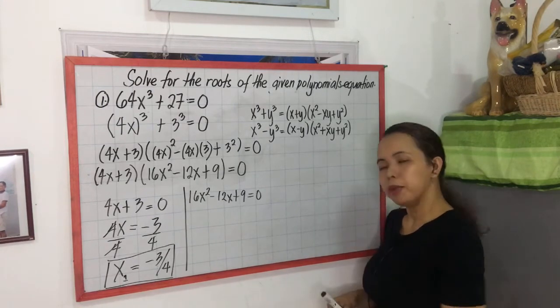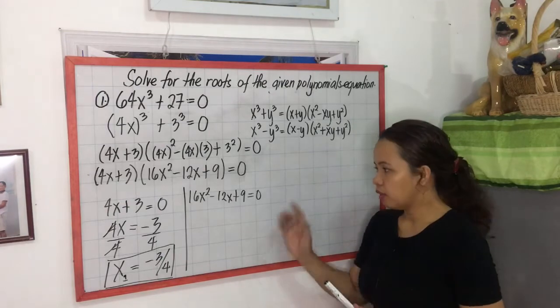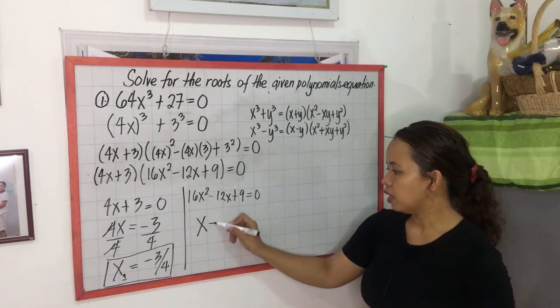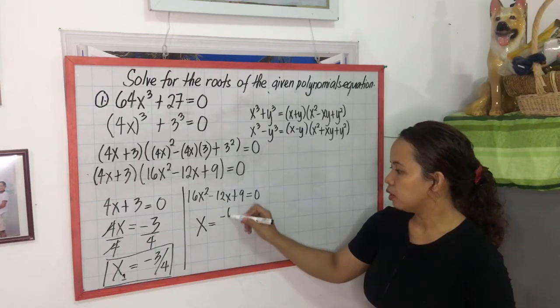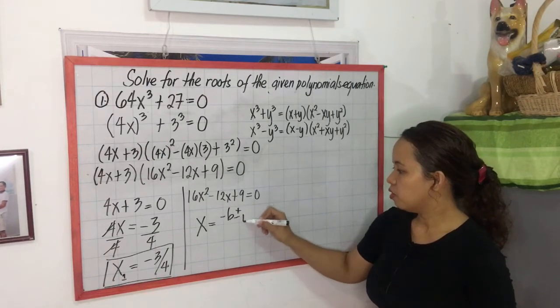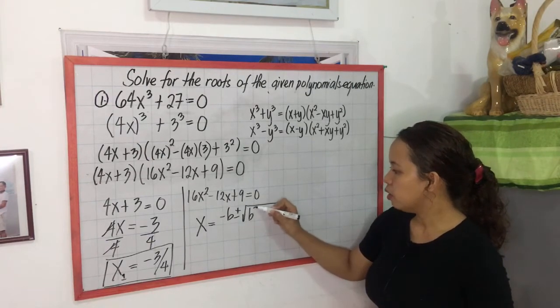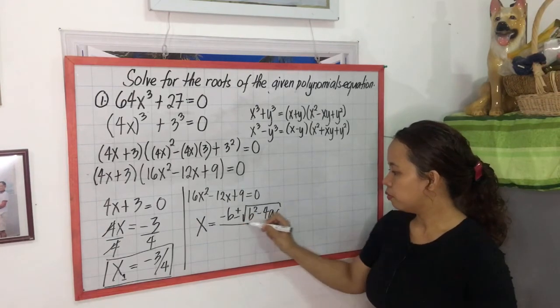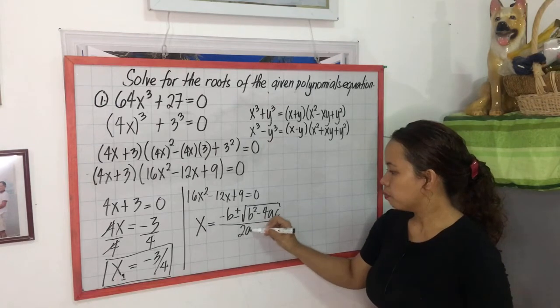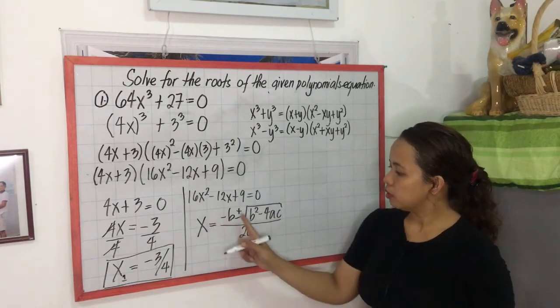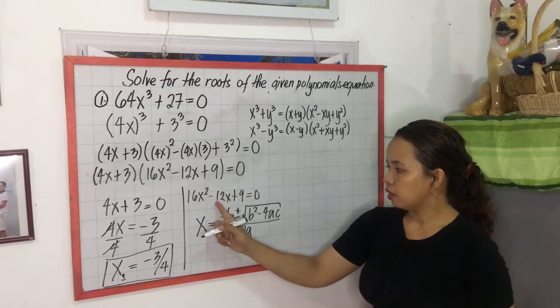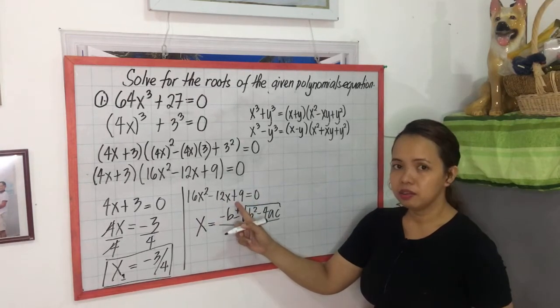Maybe sa example na ito, we can use the quadratic formula. The quadratic formula states that x is equal to negative b plus minus the square root of b squared minus 4ac, all over 2a. We've learned that a is 16, b is negative 12, and c is 9.